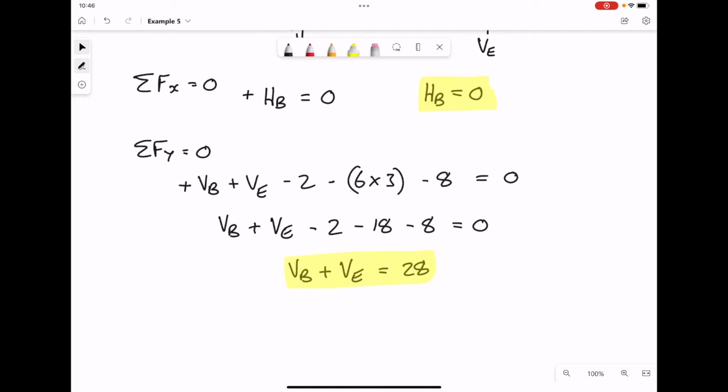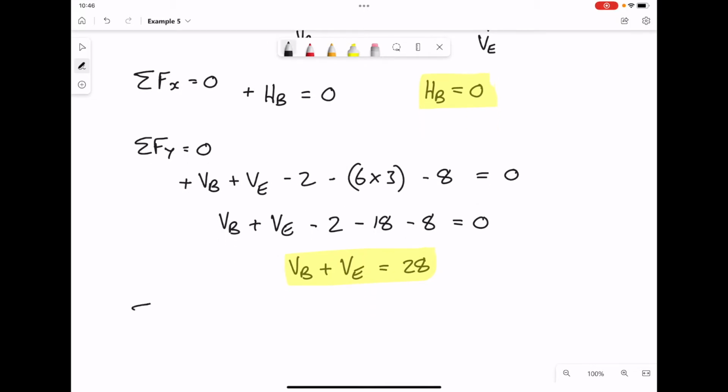Next, we're going to consider moments about a point. For equilibrium, they must also be 0. Remember, moments are a force by a distance, and we must state which point we're taking moments about.